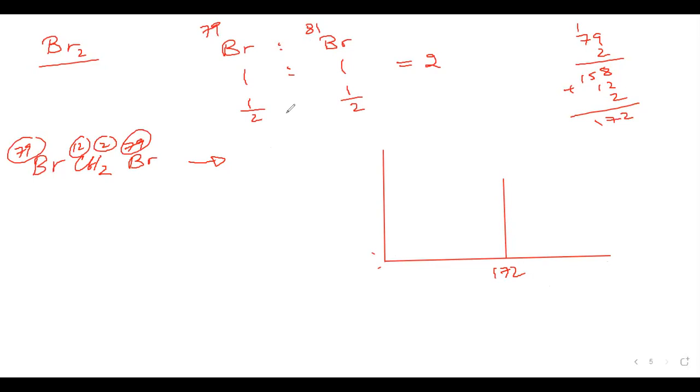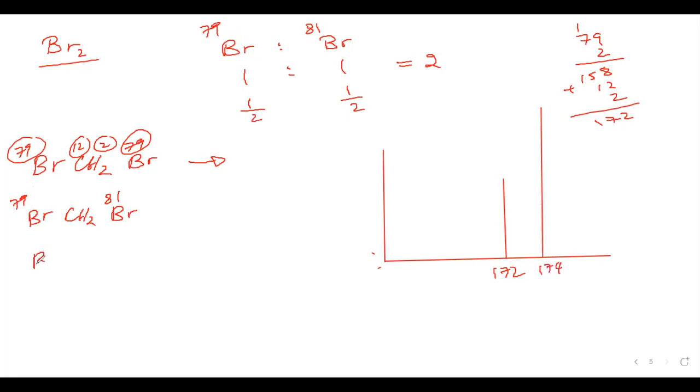Okay. And if one of the isotopes is bromine-79, but the other is bromine-81, this means that we are going to have another molecular ion peak at 174.